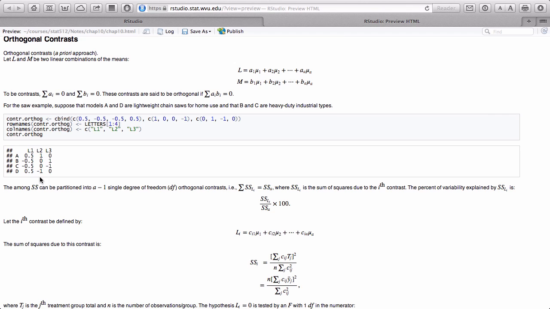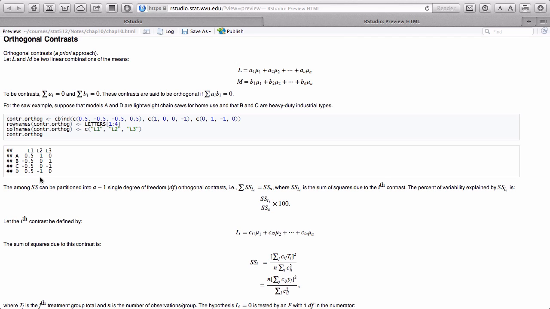But also it's clear that L1 and L3 are orthogonal. If I multiply 0.5 times 0, plus minus 0.5 times 1, plus minus 0.5 times minus 1, plus 0.5 times 0, again the sum of those is 0. And also L2 versus L3 is 0, because you have 1 times 0, 0 times 1, 0 times minus 1, and minus 1 times 0.